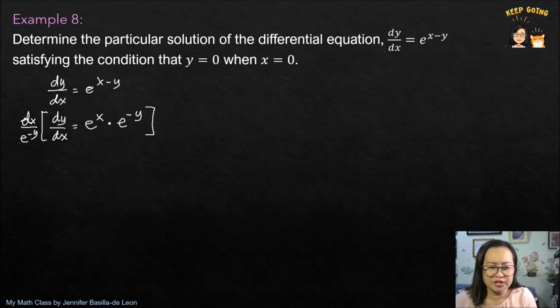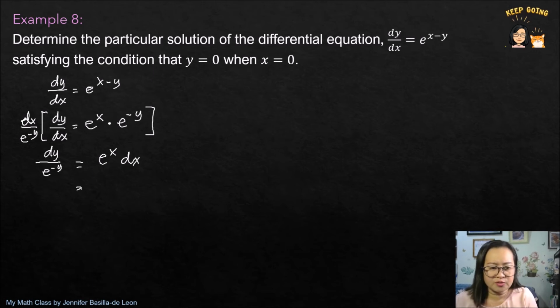So multiplying dy/dx by dx over e raised to negative y, we will have dy over e raised to negative y. When the expression at the right side is multiplied by dx over e raised to negative y, we will have e raised to x dx.